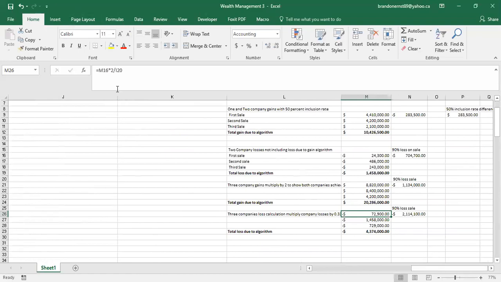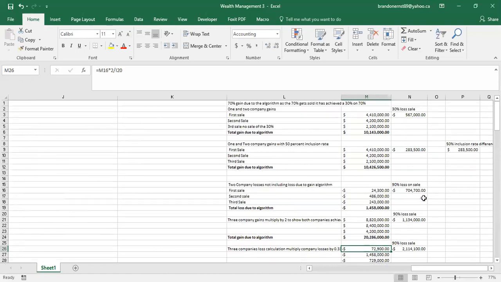So you multiply by two, and then you have a 67% gain or 67% loss, because you've purchased at the top and then sold at the bottom. So you have one loss that is more than any of the other losses, because you've purchased at the top and lost at the bottom. So it's a two-third loss.